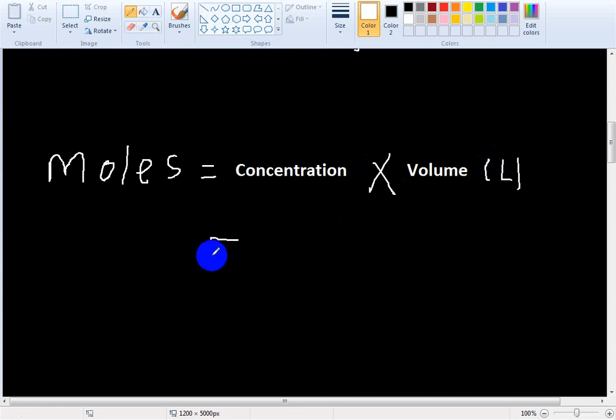So here, what are the reactants in this reaction? Was it silver nitrate or potassium nitrate?